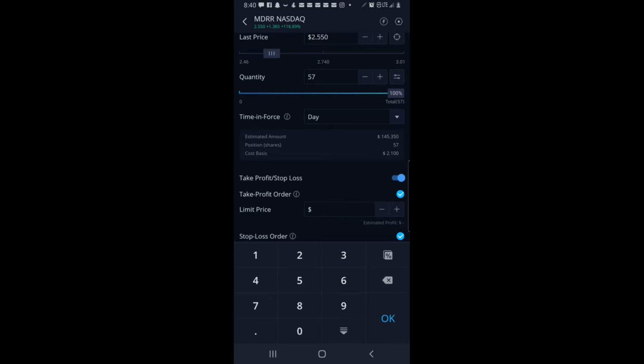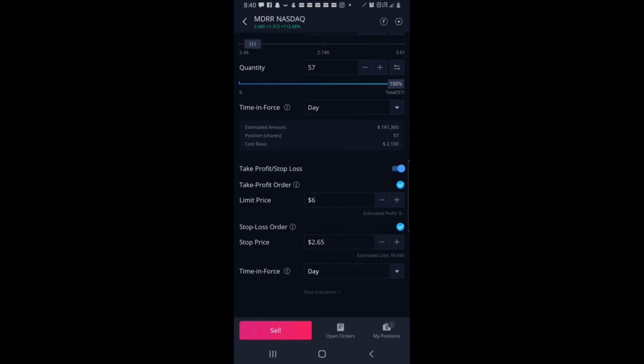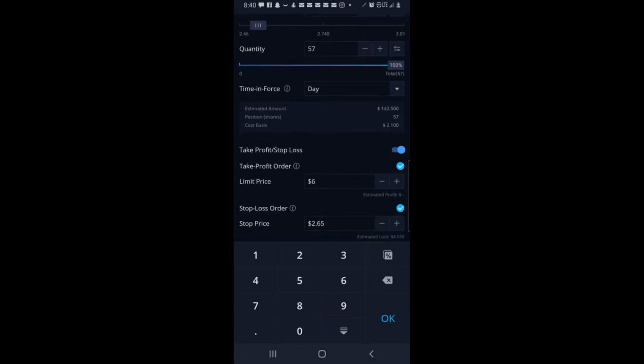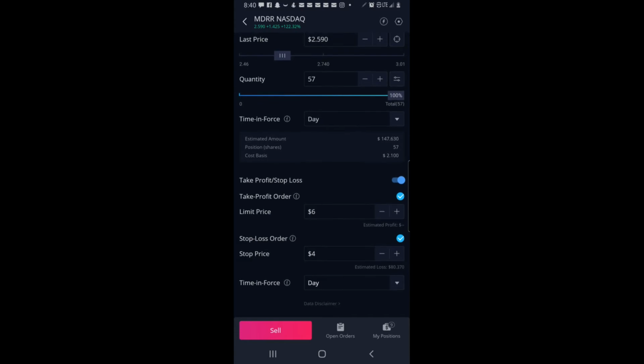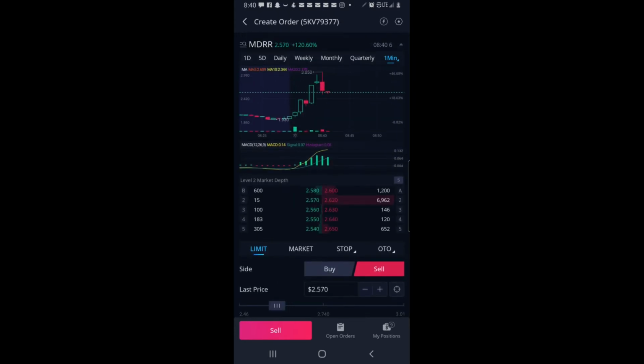Now I told you about the stop loss, the limit price and the take profit, right? Most of the time when I go over $50 gain profit, I'll go down there and try to set that up. When you set that up, Webull has an automatic stop loss and take profit that they'll set it to.